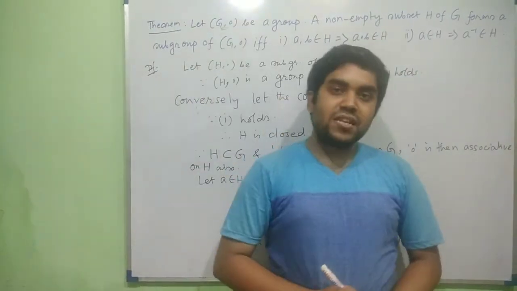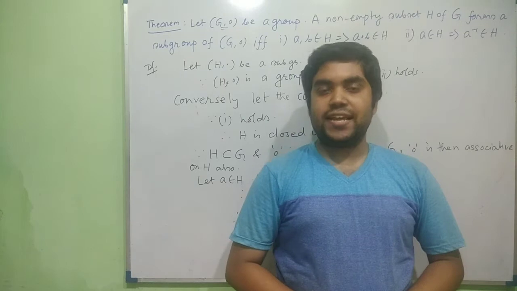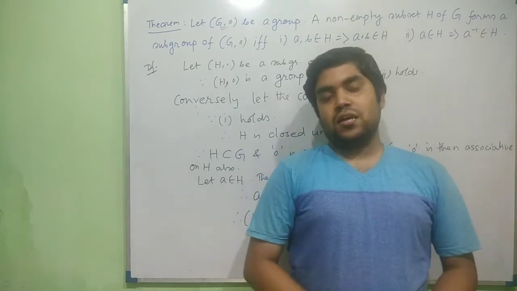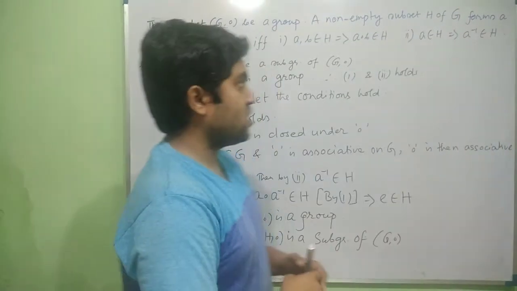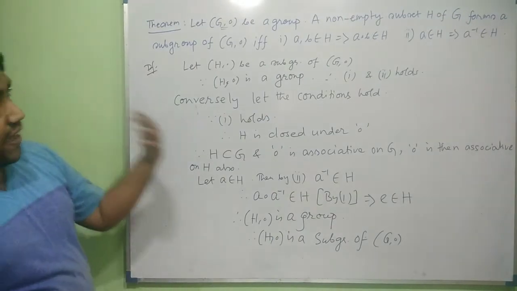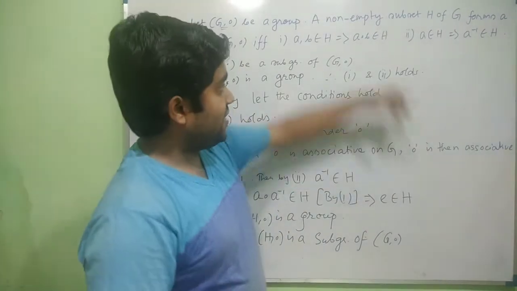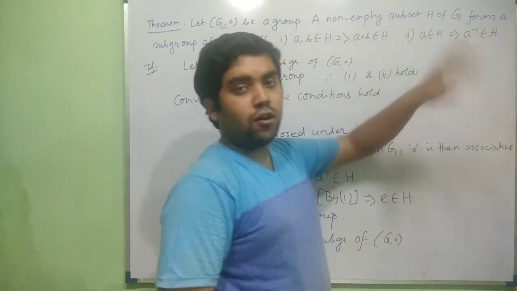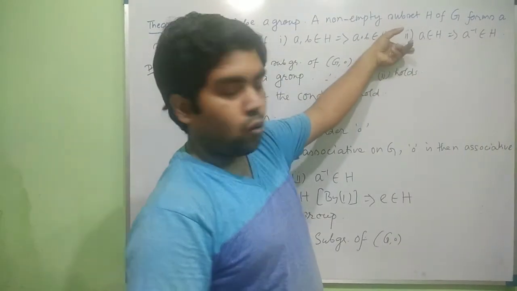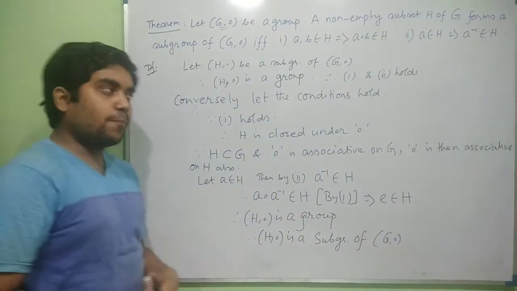If and only if means necessary and sufficient condition, that is, both implications. That is, if (H, ∘) is a subgroup, then these two results hold, and also if these two results hold, then H will be a subgroup of G.